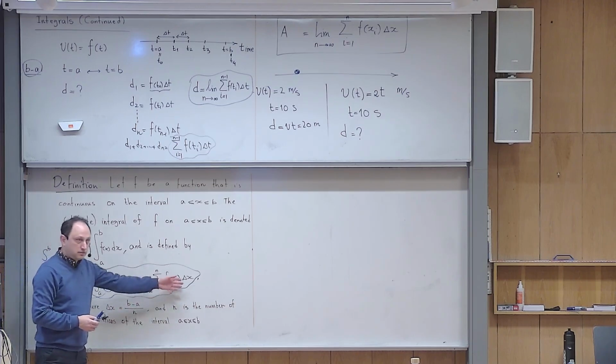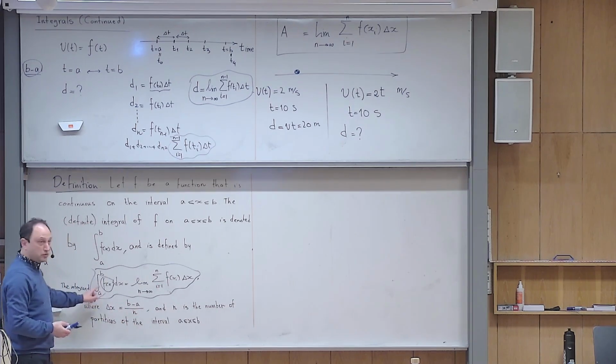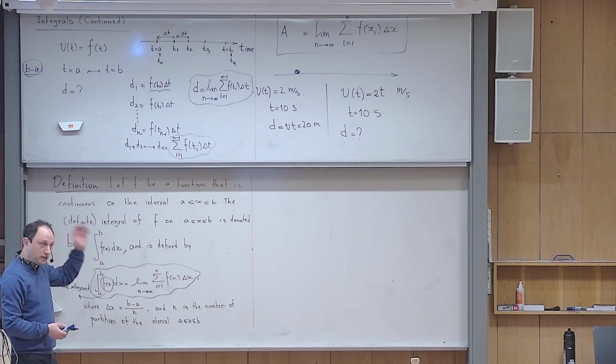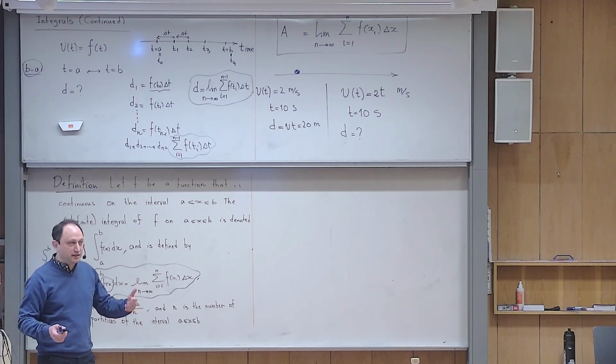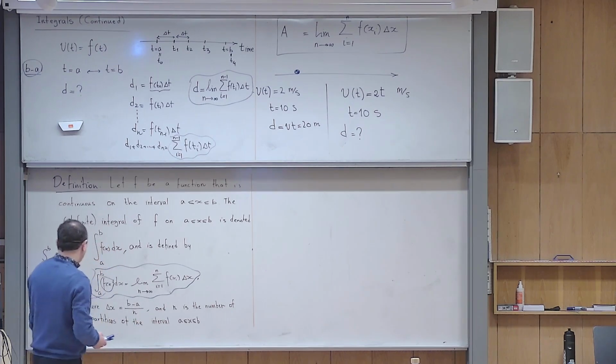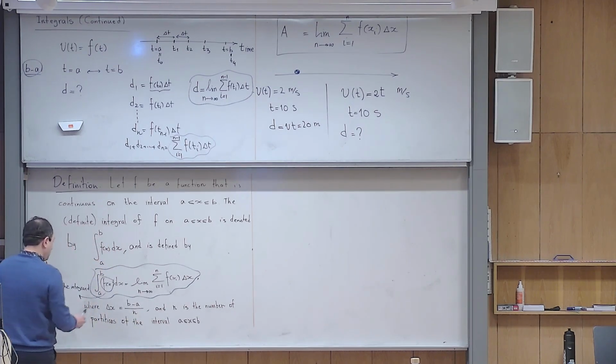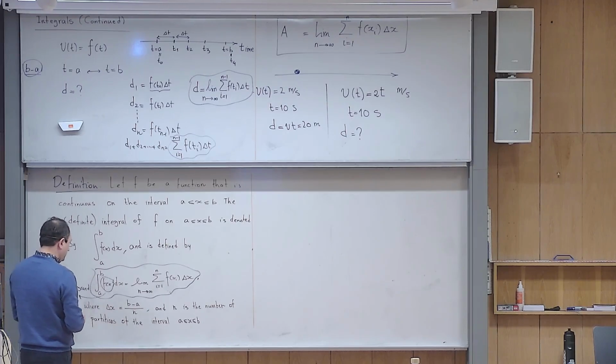Because that's a sum. You're adding something. So it is a good idea to keep in the back of your head, when you're calculating integrals, that you are actually calculating an infinite sum. And then this is called the lower limit, and this is called the upper limit. So a and b are limits: a is the lower limit, b is the upper limit.